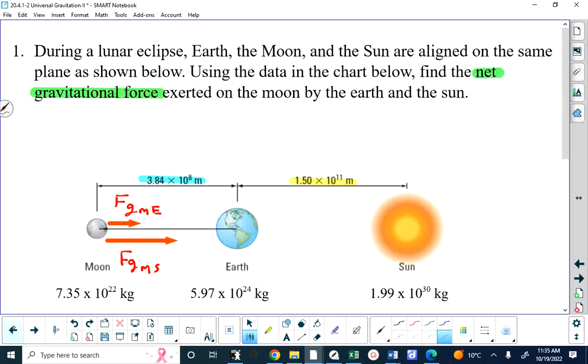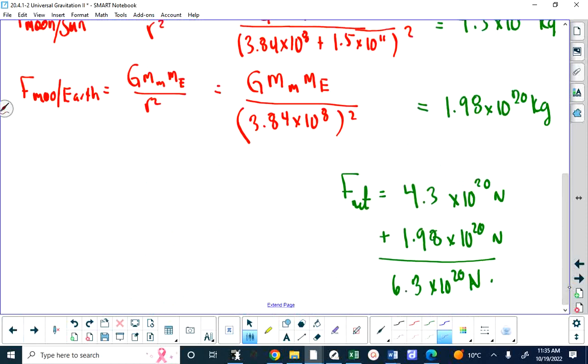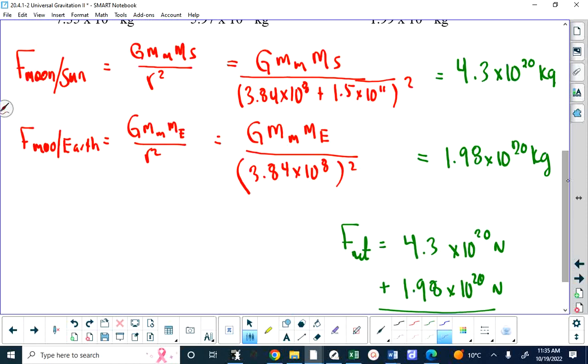Over here in this question, I wrote down how we calculated these two forces. I started off today by saying you need to know how to use Newton's universal law of gravitation.